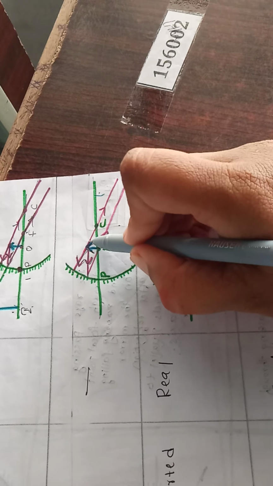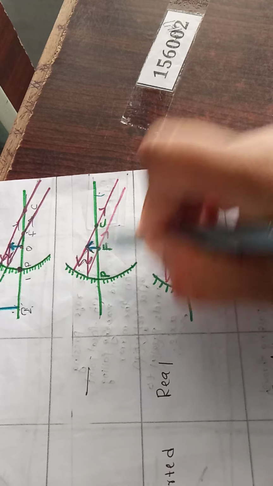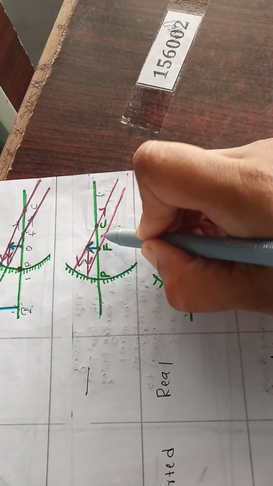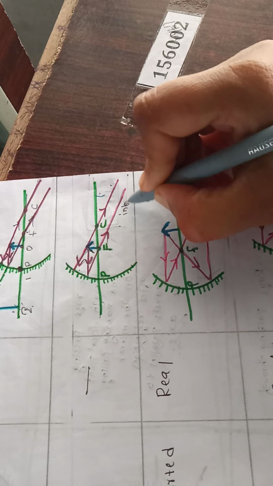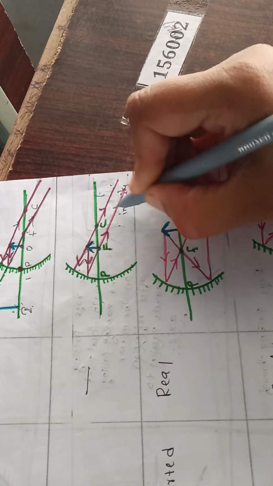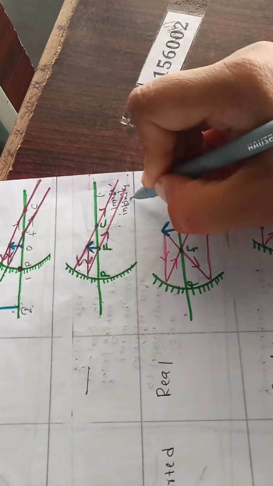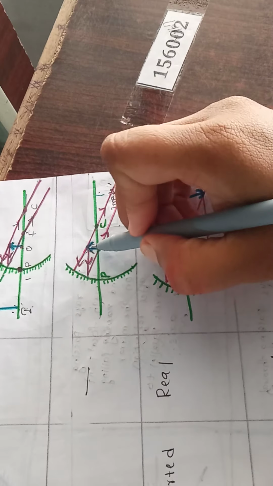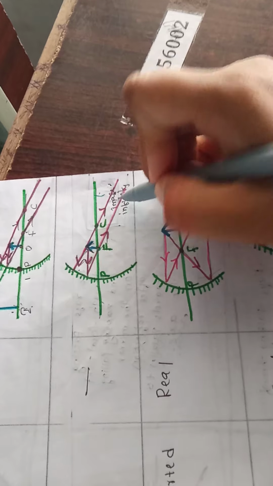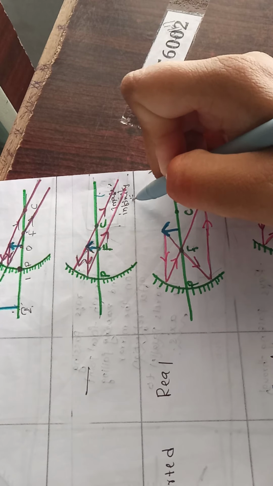Now they are reflected back in such a way, and their image forms at infinity. The image forms at infinity. Alright. So when the object is placed on principal focus, image is formed at infinity.